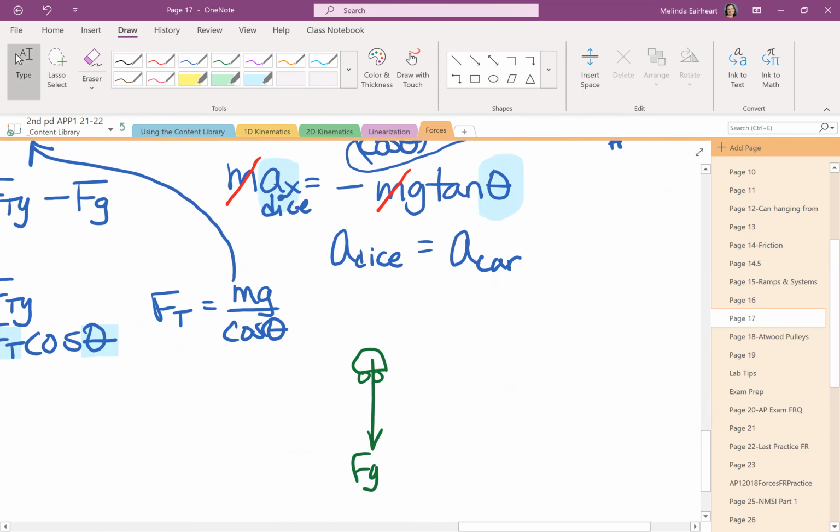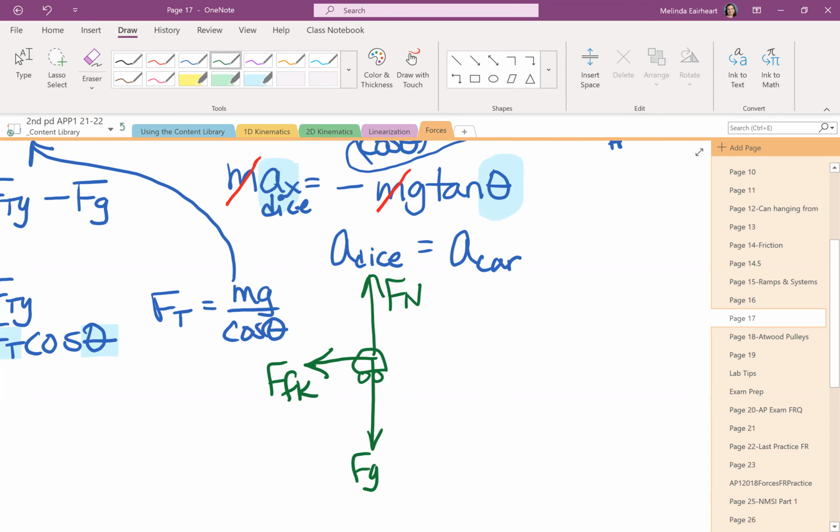What else do we know about the car? Forces. Normal force, balancing the vertical, and friction is going to act what direction? To the left. And they gave us the kinetic coefficient. So I think they only gave us one. We're moving. They gave us an initial speed.